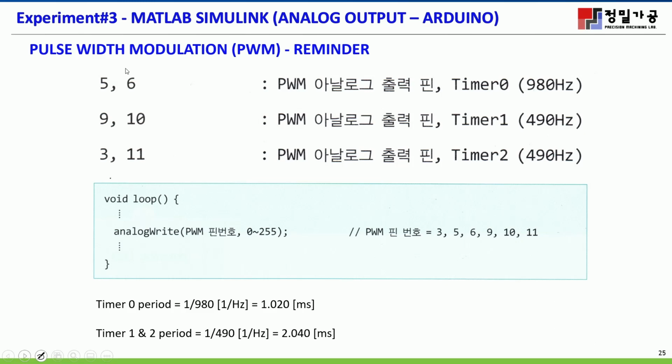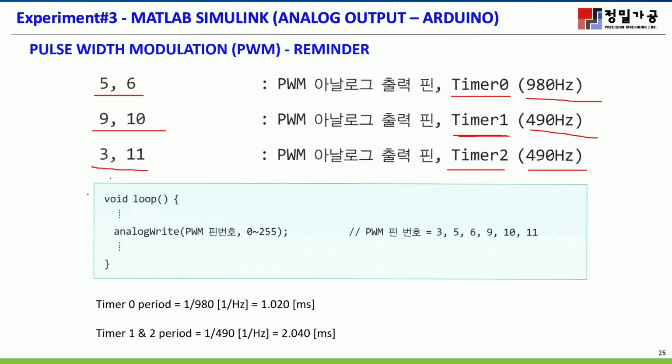Okay, this one is also a reminder. In Arduino Uno, timer 0 is about 980 Hz, which is pin 5 and 6. And pin 9 and 10, timer 1, okay, with frequency generation or pulse width modulation about 490 Hz. And timer 2, pin 3 and 11. Remember, timer 1 and timer 2 have similar frequency output.